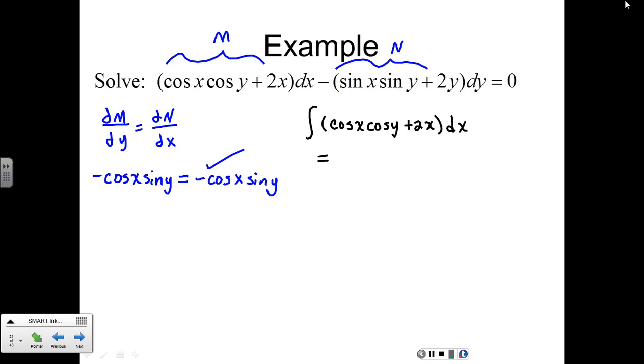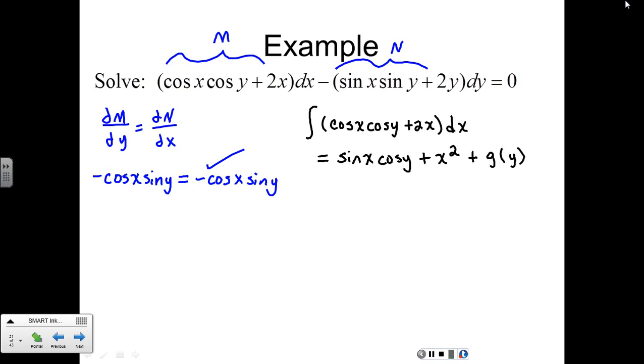Cosine of y is a constant, right? So you don't worry about that. What's the antiderivative of cosine x? It's just sine, I think. You'll think you're right. So sine x, cosine y. Okay, what's my antiderivative of 2x? X squared plus possibly some function g of y.